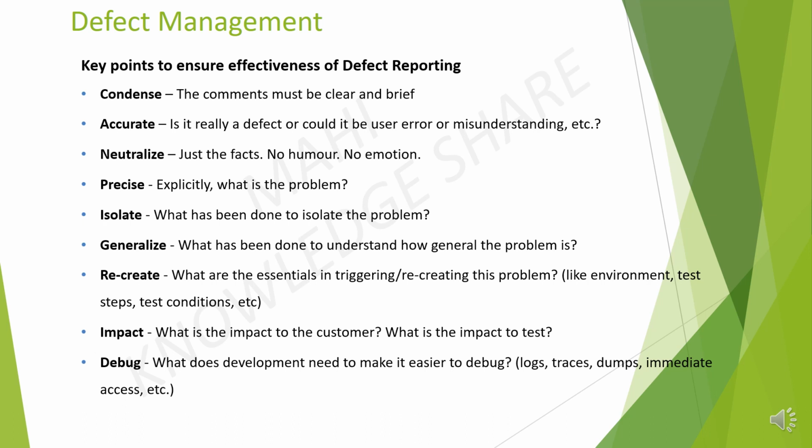What does development need to make it easier to debug the defect highlighted in the report? It can be in the form of logs, traces, dumps, immediate access to the system and server, etc. And the last is evidence. What documentation will prove the existence of the error? It should be mentioned in the report very clearly.